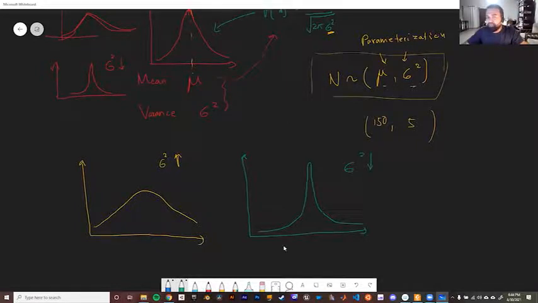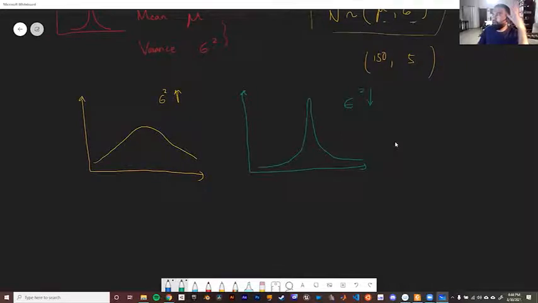Can someone tell me, okay, actually, since no one wants to answer, can you all at least give me thumbs ups? How many of you think that the yellow curve, which has a high variance, has more information than the green curve? We have 1, 2.